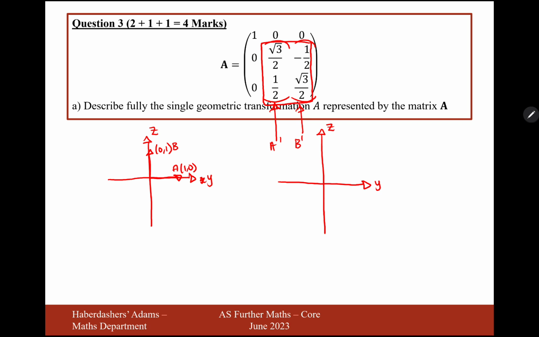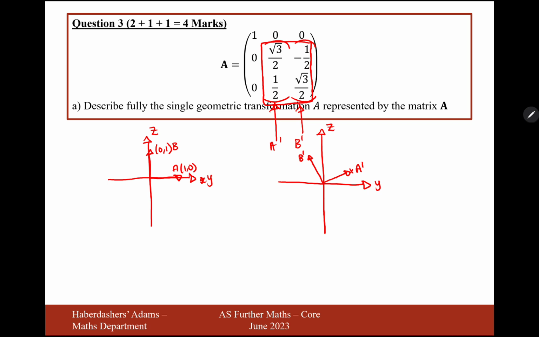Let's draw an image of that, and then we can have a look at what type of transformation it is. So it's going to be root 3 over 2, a half. This is where A has ended up, and minus a half, root 3 over 2, so B has ended up here. I'm going to use B dashes and A dashes to represent the image of those coordinates.